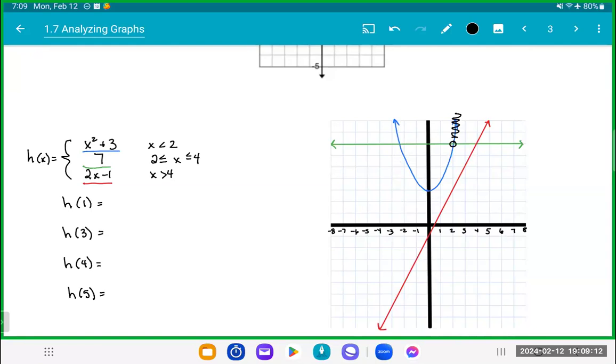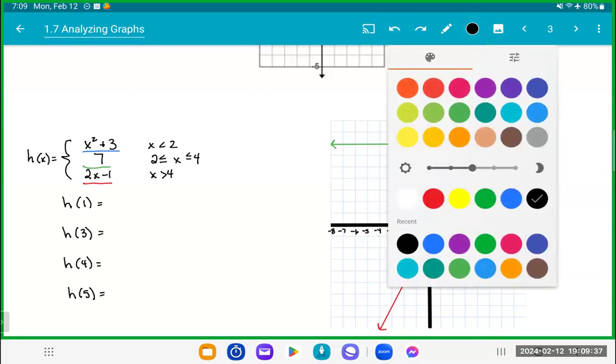So we have to determine which part of the graph is applicable based on our piecewise function here on the left. So for the 7, it's only good for x greater than or equal to 2. So I'm going to undo this and go in blue.